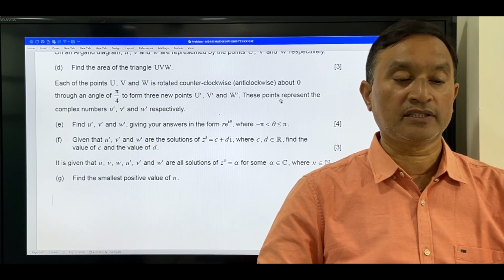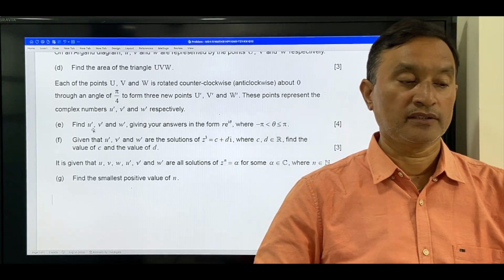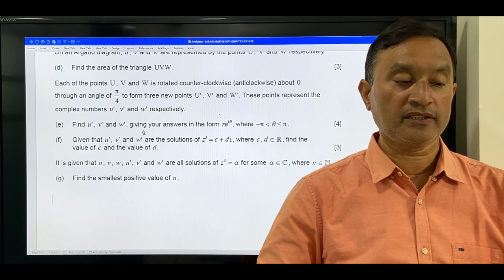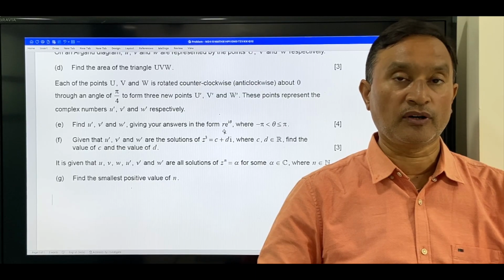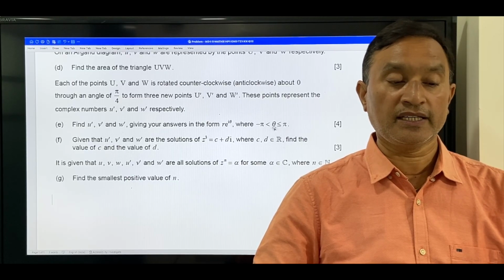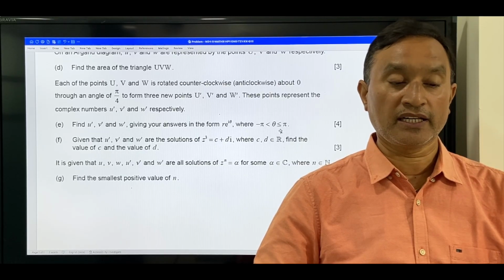These points represent the complex numbers u dash, v dash and w dash respectively. Find u dash, v dash and w dash, giving your answers in the form r e to the power i theta, where theta is greater than minus pi and less than or equal to pi.